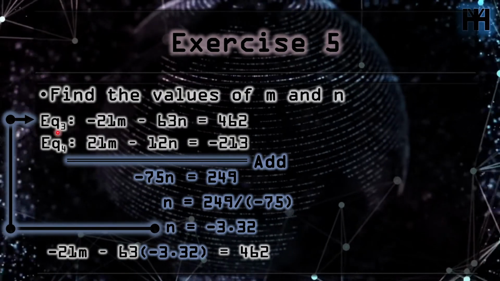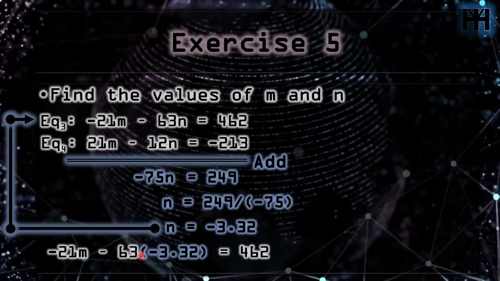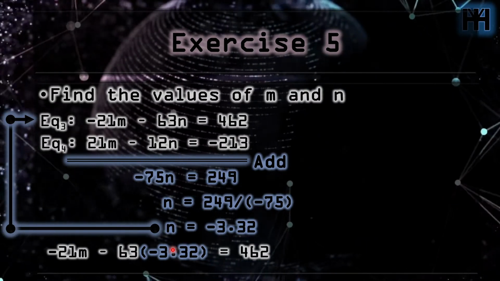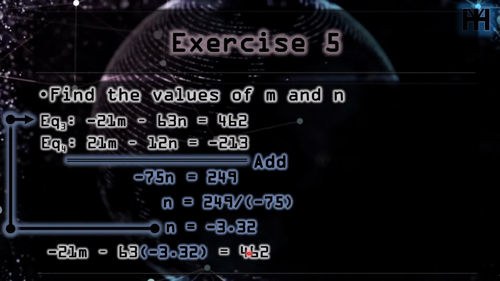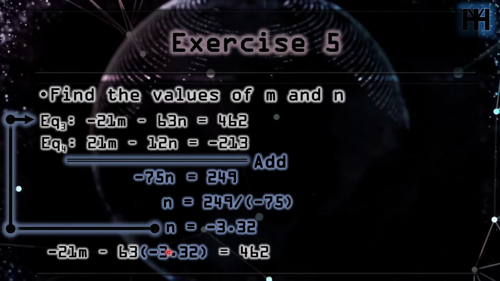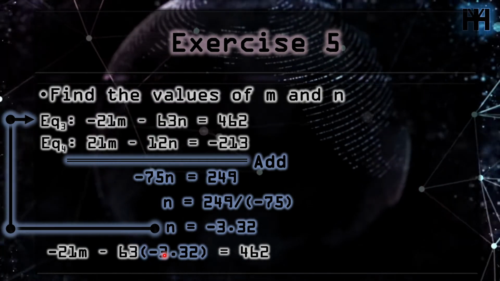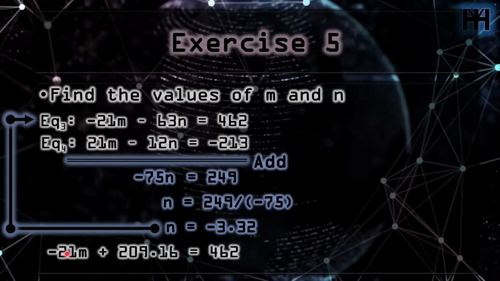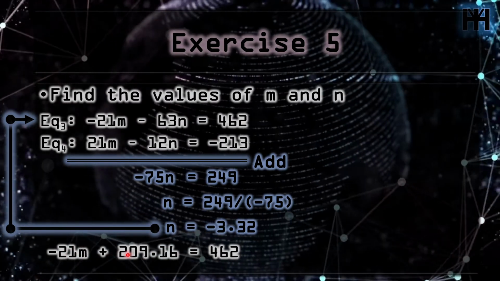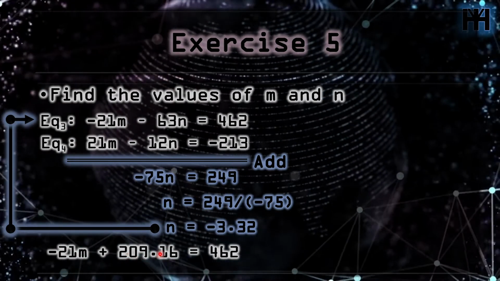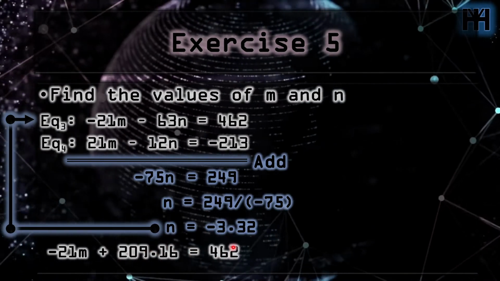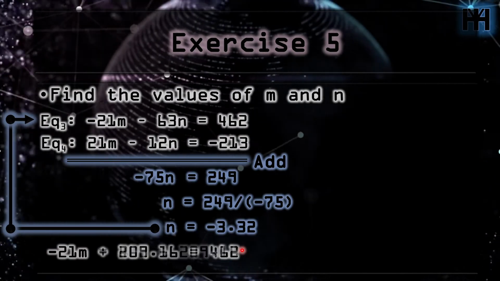So we have 21m minus 63 and negative 3.32 instead of n equal 462. After multiplying negative 63 and negative 3.32, the value will be negative 21m plus 209.16 equal 462.